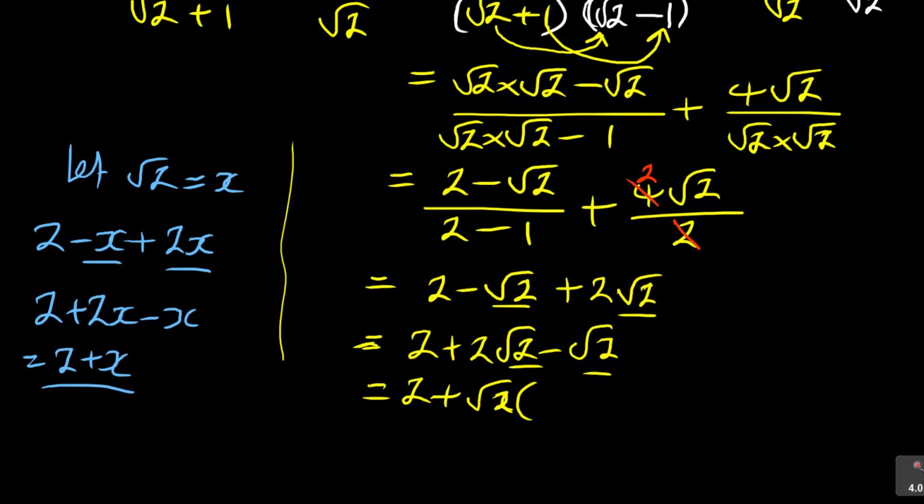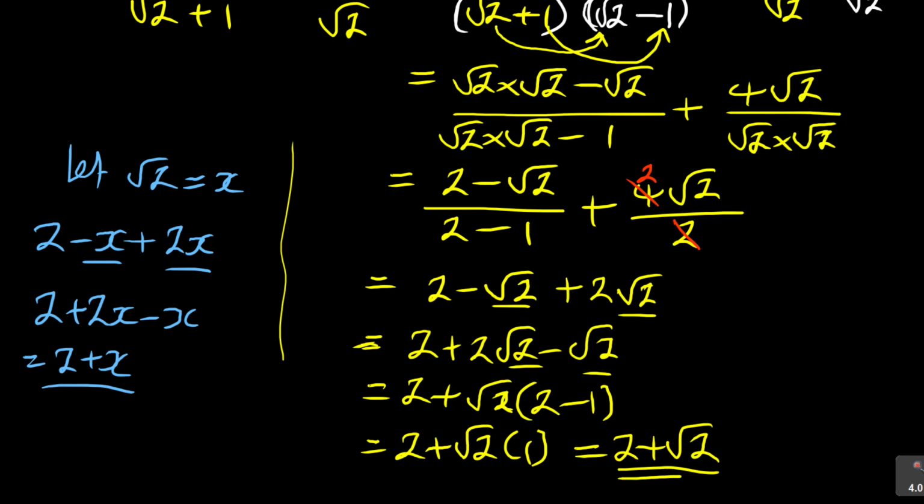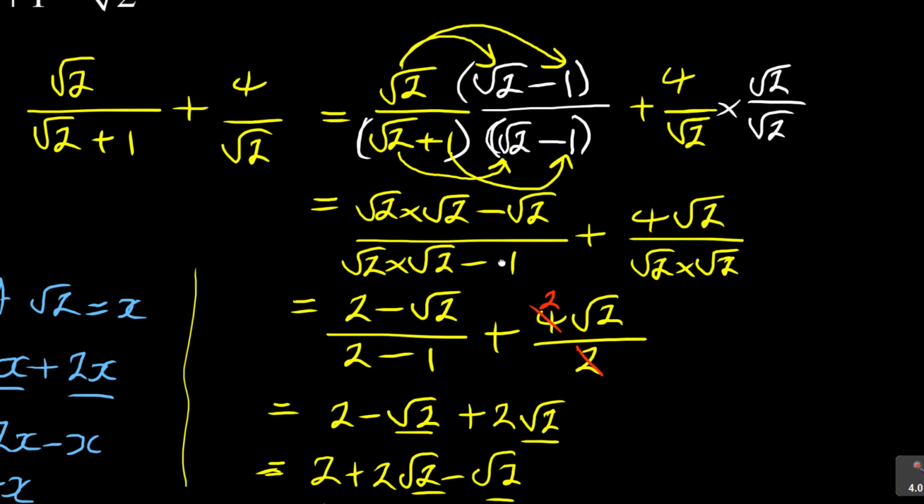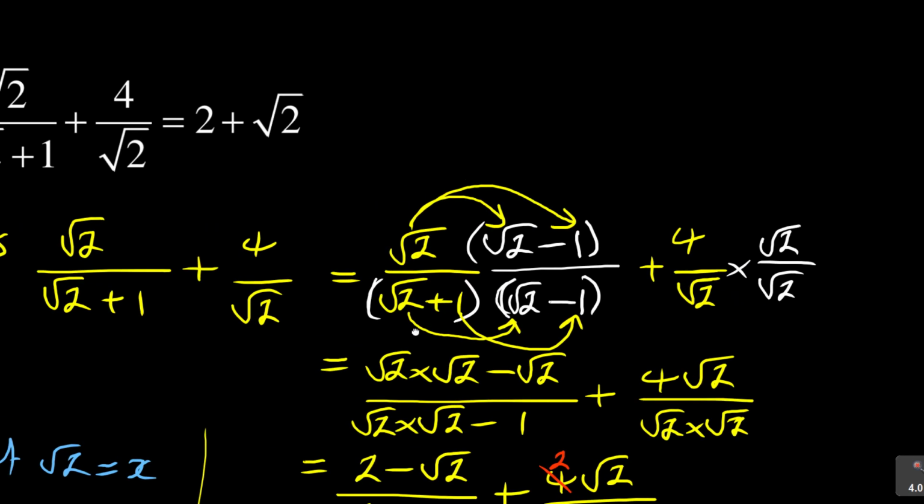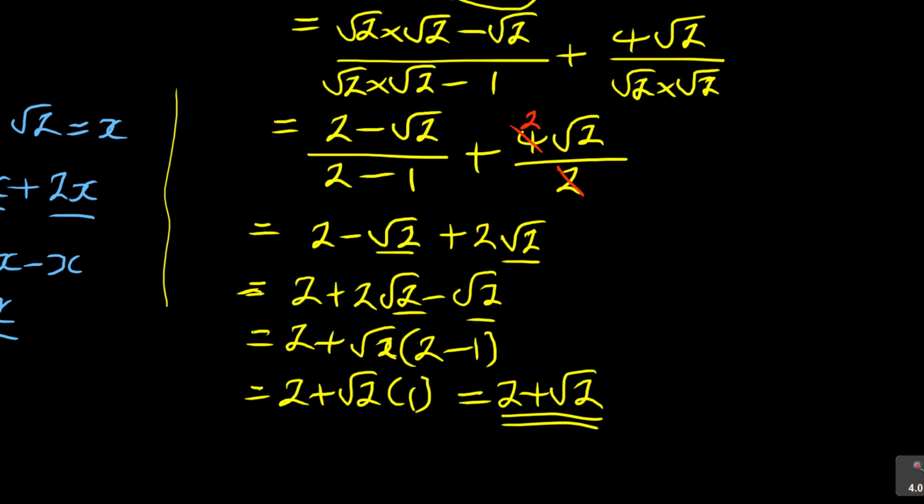So you have 2 plus square root of 2 times 2 minus 1. 2 minus 1 is 1, and the answer will be 2 plus square root of 2. And if you check, this is 2 plus square root of 2, which is equal to our right hand side.